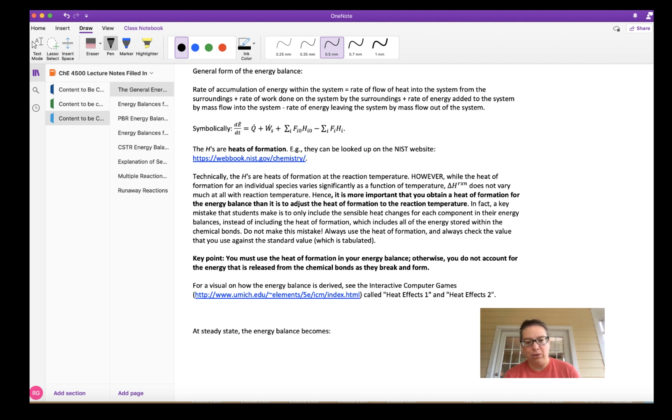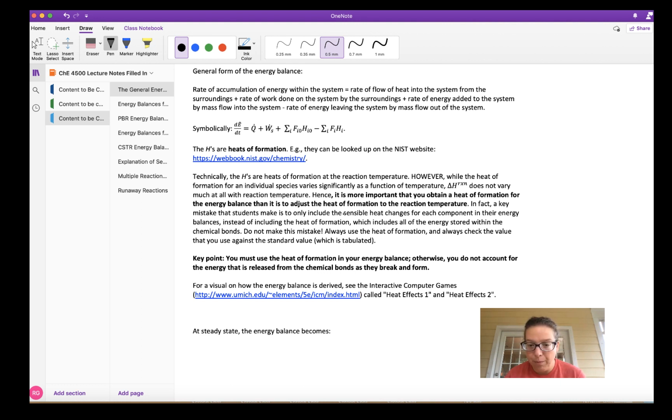That accounts for how the enthalpy of that species changes going from the standard temperature to the reaction temperature. But unless you include the heat of formation, you are not including all of the potential energy that's stored in the chemical bonds of the species. So that means that you're not accounting for the greatest contribution to the heat of reaction.